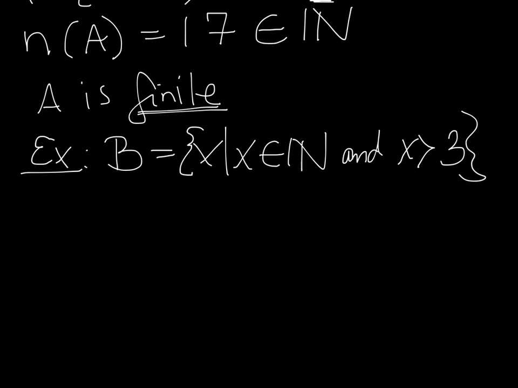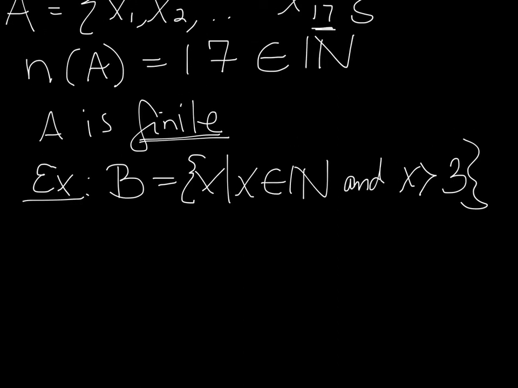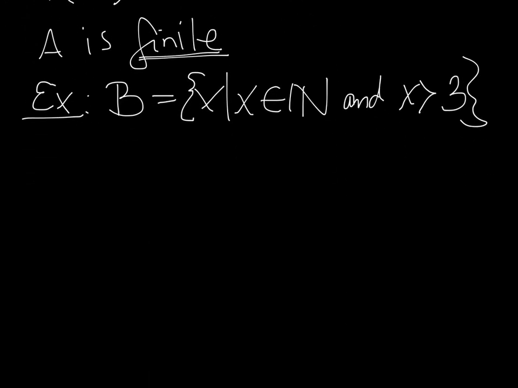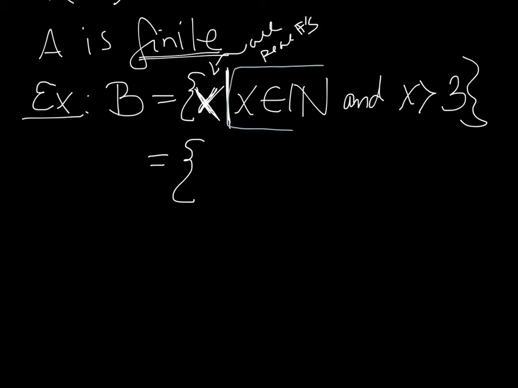Well, one of the ways is to rewrite this in roster form. Okay, so B in roster form. Again, some value X, such that, this is all real numbers, X is the fractions, the decimals, all the numbers that we work with in math. And there are 2 conditions. One of them is that X has to be a natural number.